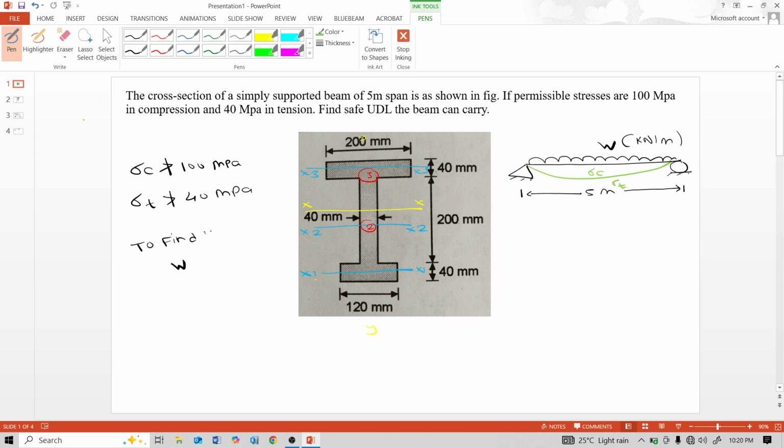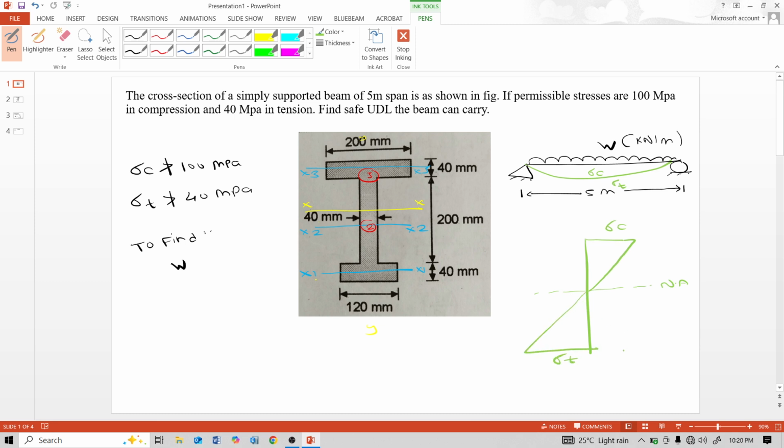So now see the stress distribution diagram for this I section is like this. Here the neutral axis, here compressive stress, and here tensile stress.